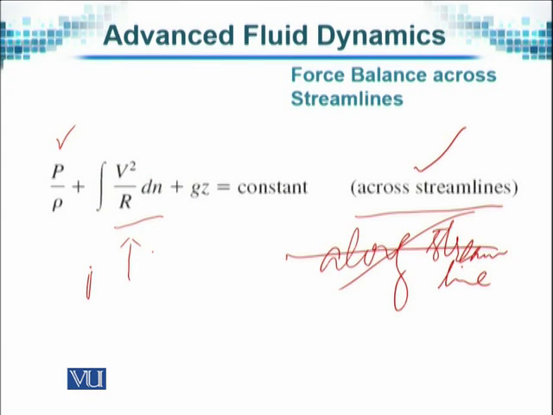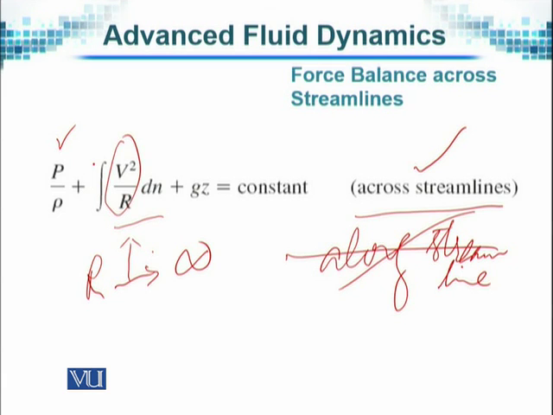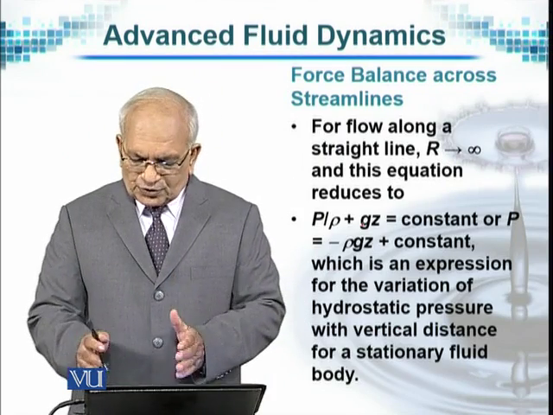As r tends to infinity, this term will disappear, and the only non-zero terms we are left with are P over rho plus gz, and that is constant.